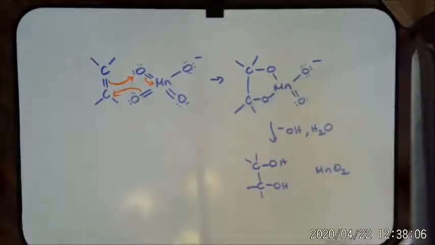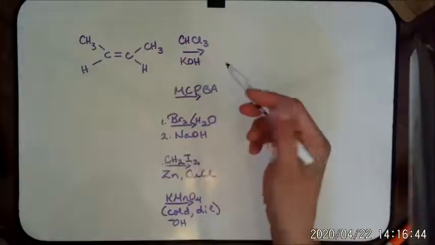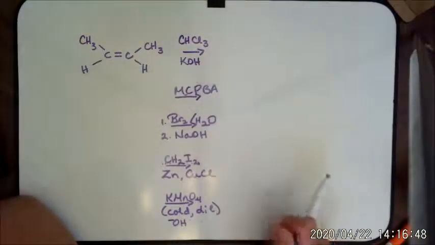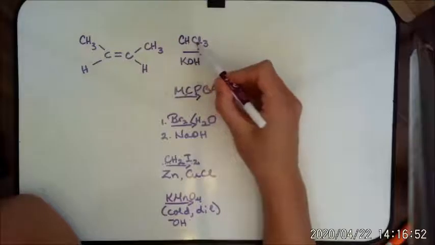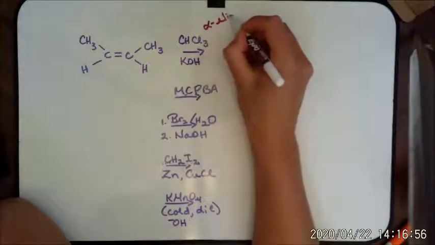So, let's take a break. Let's just do a quick review on some of the reactions we learned before we finish off reactions on alkenes and move on to alkynes. So, we have an alkene here, and under these conditions, this is alpha elimination.